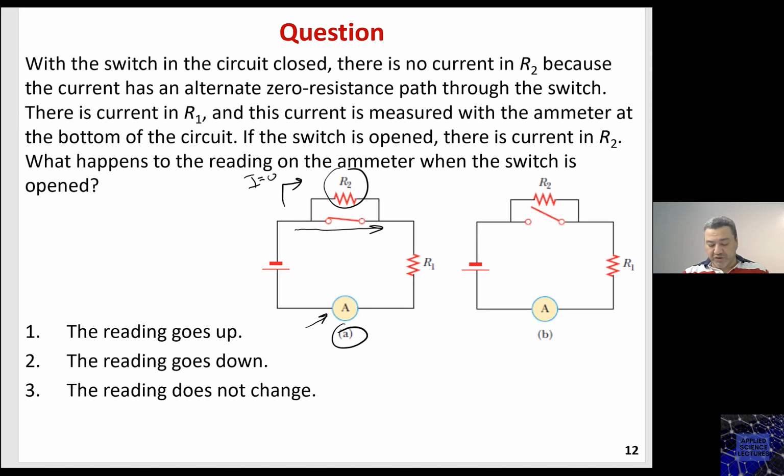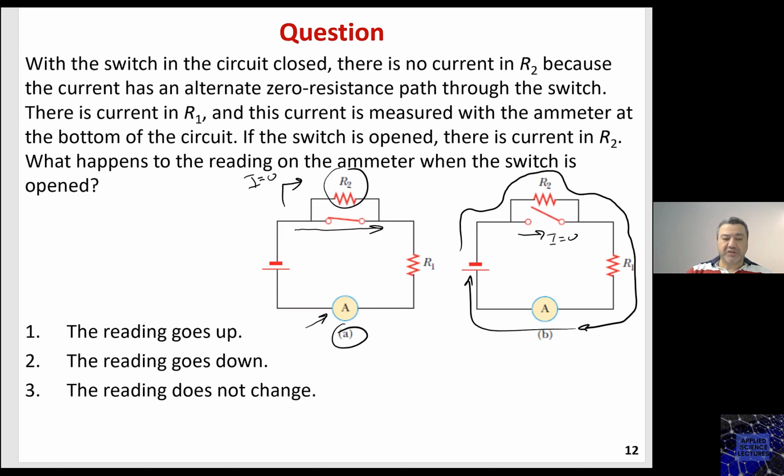Now the current is going to take this path, go all the way through R2 and then R1, be measured by the ammeter, and then close the circuit. What happens to the reading on the ammeter when the switch is opened?